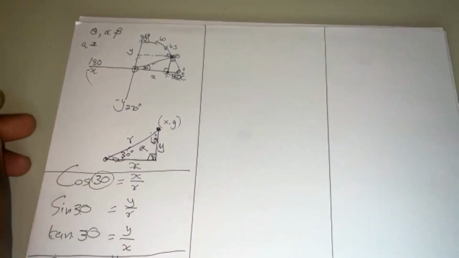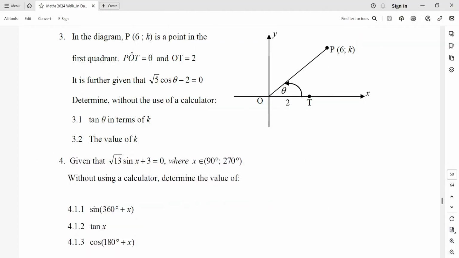Let me just go to the question and then understand something as easy as it is. So now we have a triangle in this question 3. It says that in a diagram, P, which is 0.6, and K is a point in the first quadrant. So we know that in the first quadrant, the x and the y are positive in the coordinates.